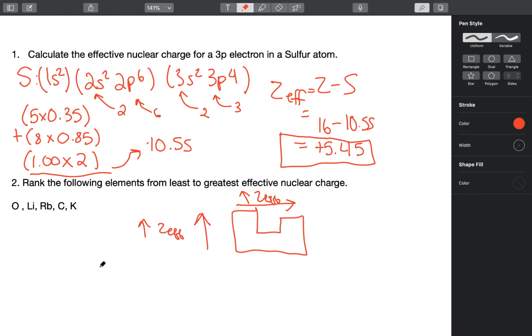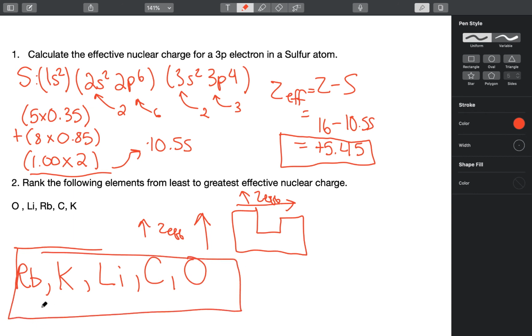And when you follow that trend, you'll see that rubidium has the highest n value, so it's in period number 5, so that's the lowest. So the next one would be potassium. Then after that would be lithium. And then after that would be carbon, and then oxygen. So this would be from increasing Z effective.